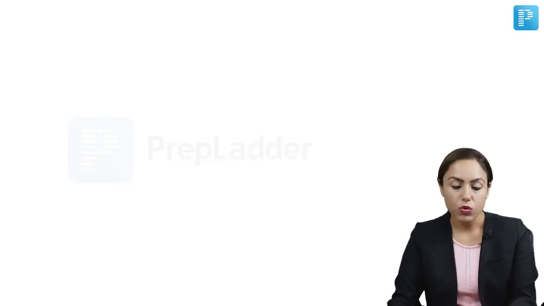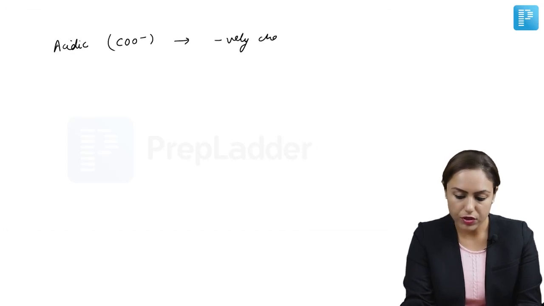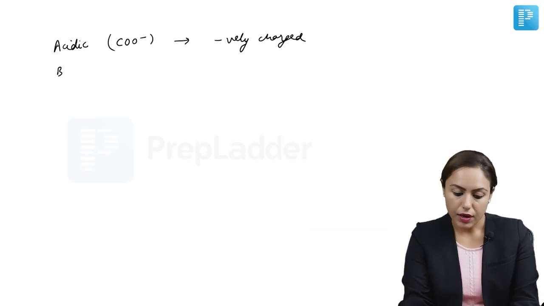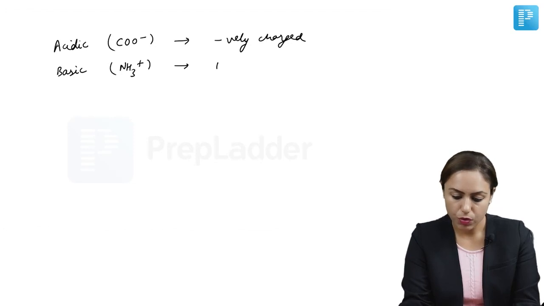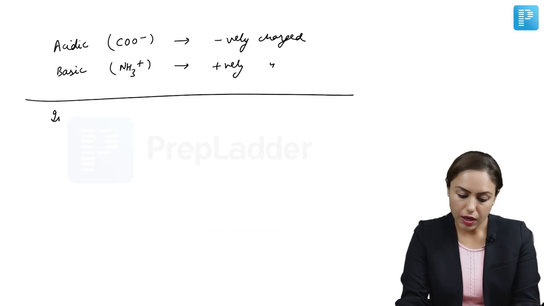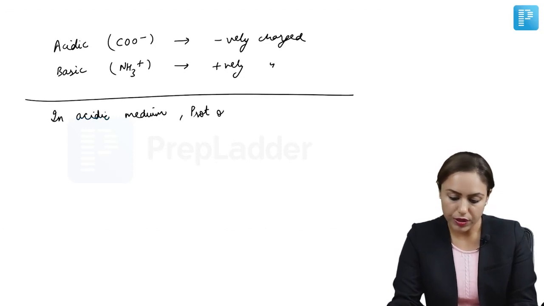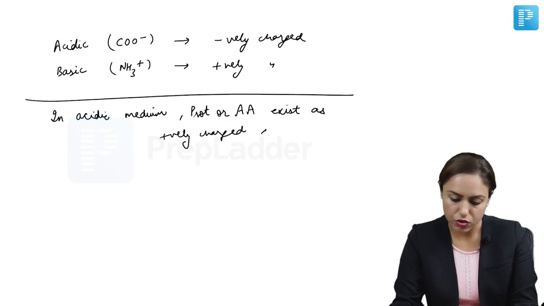Now, we all know that acidic amino acids have an extra carboxy group, so they are negatively charged, and basic amino acids have an extra amino group, so they are positively charged. Now, if the medium is acidic, in an acidic medium, proteins or amino acids exist as positively charged structures.